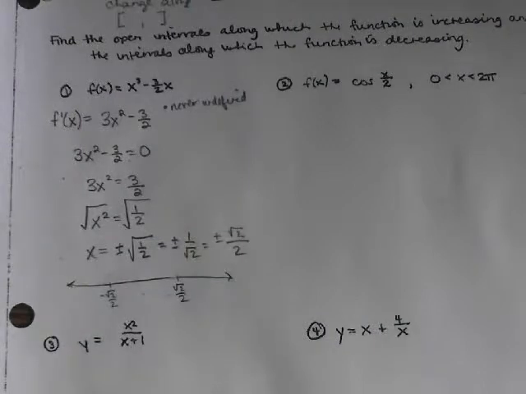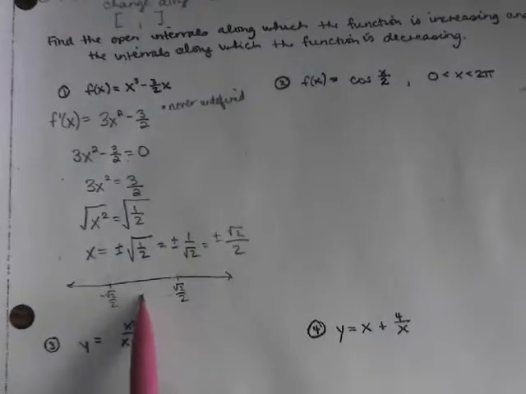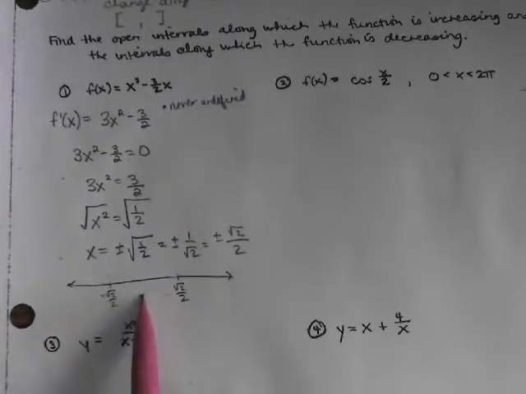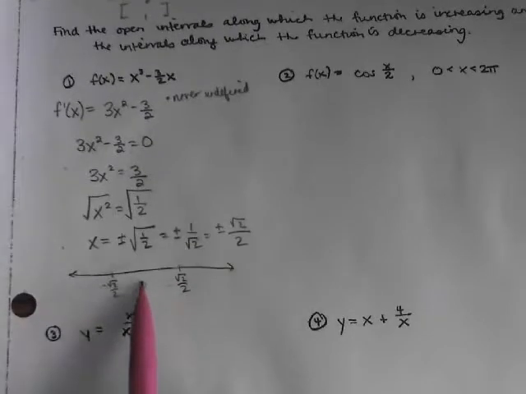If the derivative is positive at 0, then it's increasing there. If the derivative is negative at 0, that means it's decreasing there. Replace the word derivative with slope. If the slope is positive at 0, it's increasing. If the slope is negative at 0, it's decreasing.